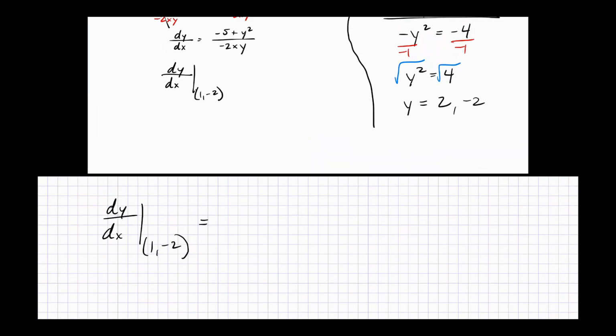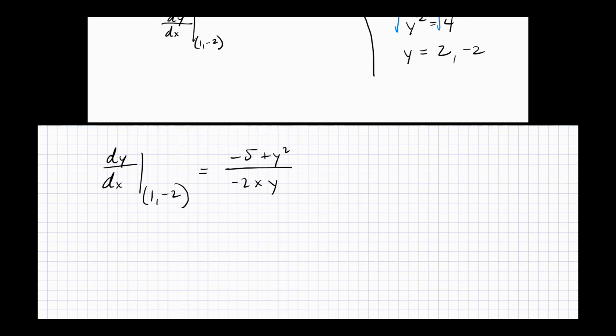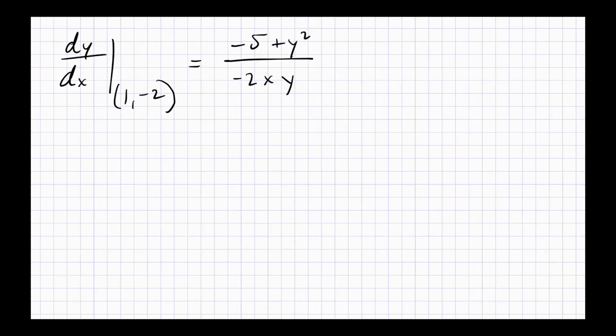So my derivative equation was -5 plus y squared over -2xy. Okay, so anywhere I see an x, I'm going to plug in a 1. Anywhere I see a y, I'm going to plug in a -2. Okay, now there's no more variables.